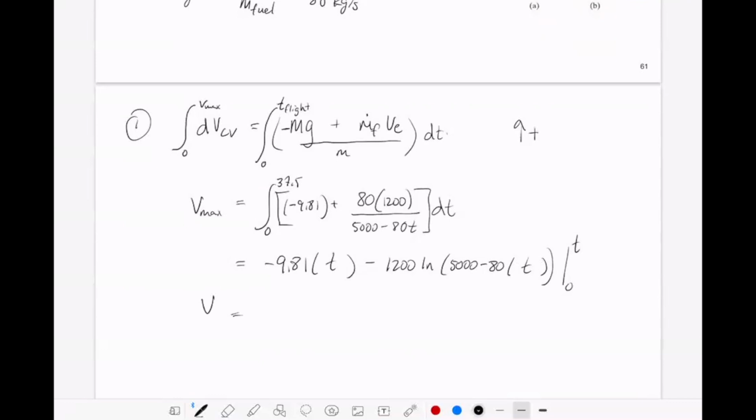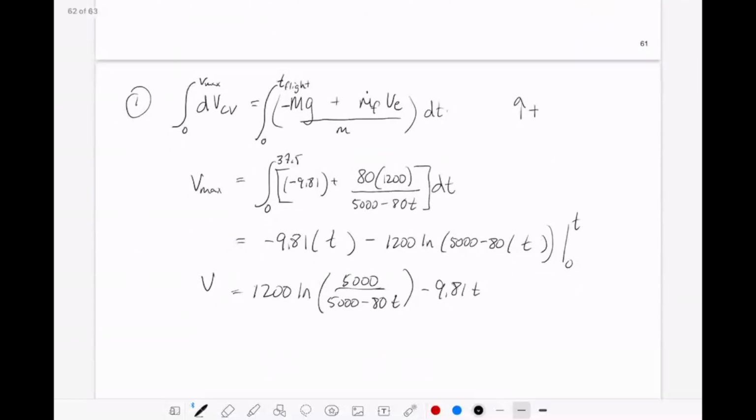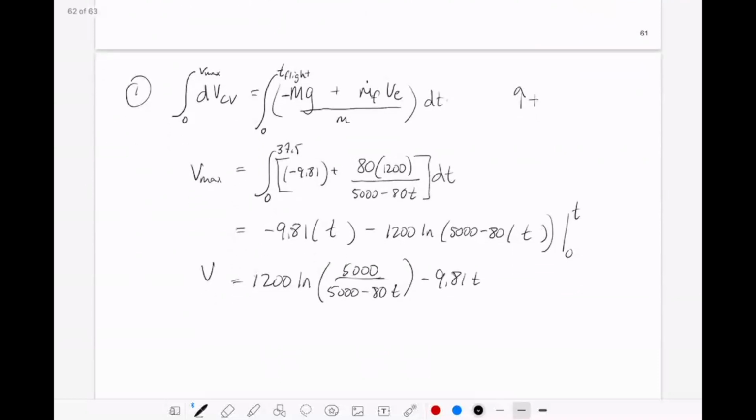So we finally get our velocity: 1200 ln of 5,000 divided by 5,000 minus 80 t, minus 9.81 t. So if t is equal to 37.5, we solve for the max velocity, and it would be equal to 732 meters per second.